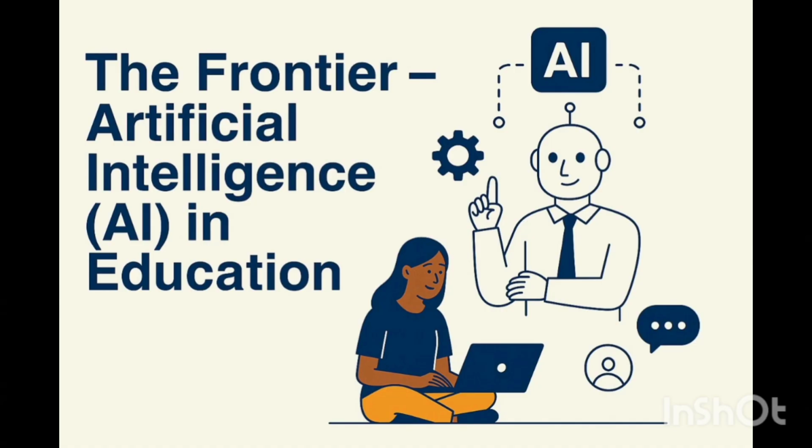Then, the challenge. What is the challenge? Ethical considerations, data privacy, ensuring equitable access, and maintaining the human elements of teaching. This is a very important challenge in the era of AI, because the AI era means machine learning, and the machine will be responding with whatever has been taught by human beings.